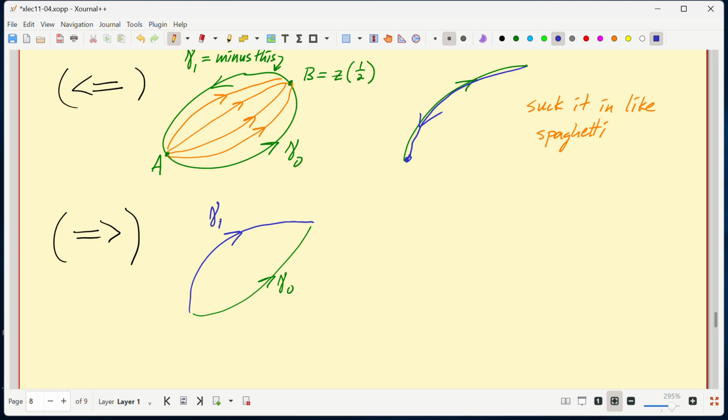I'd make a closed curve with minus gamma 1, and then I would do a homotopy of that closed curve. That would shrink down to a point.